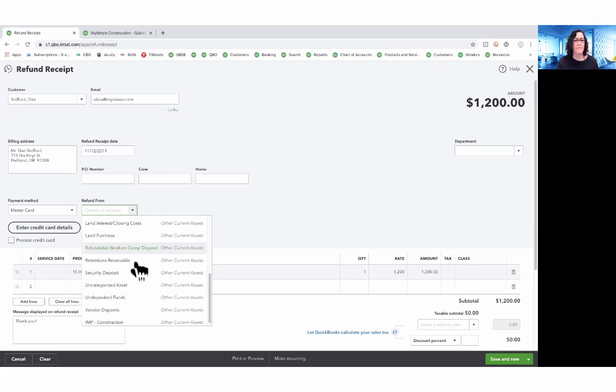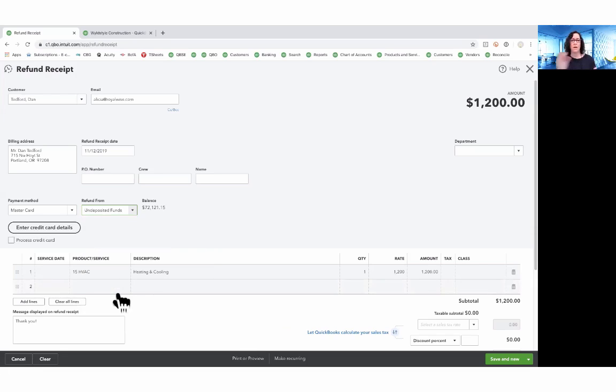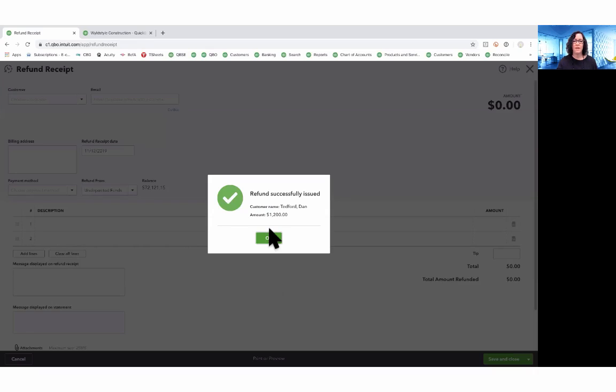Oh, and it's coming from your undeposited funds because all of the money goes in and out from undeposited funds. So here's the refund, putting it to undeposited funds. And I'll save and close. And so the refund was issued.